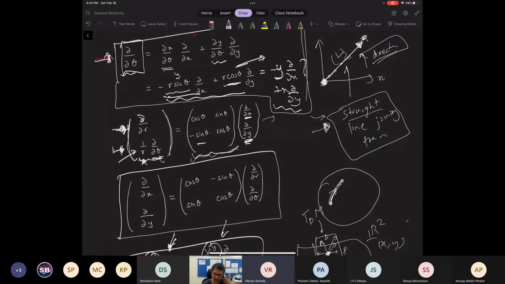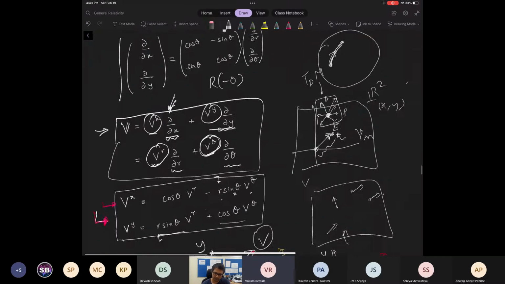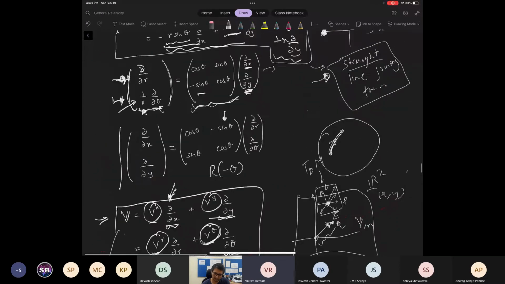For vectors, it looked like this: partial x is a rotation matrix with minus theta, whatever the sign of theta here is, acting on partial r, partial theta, and really I thought about this as putting the 1 by r here.